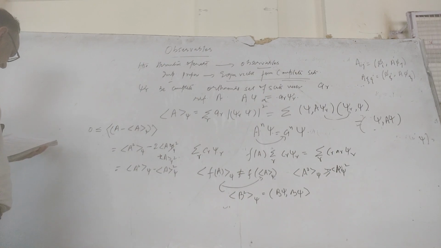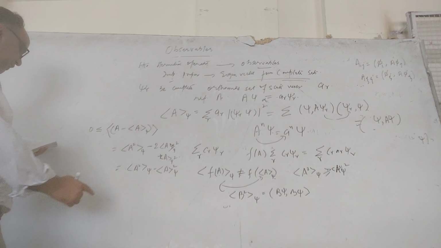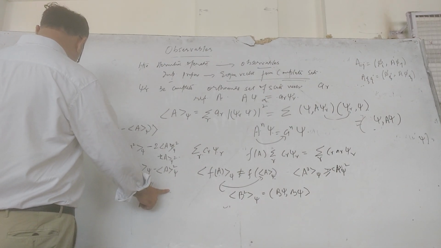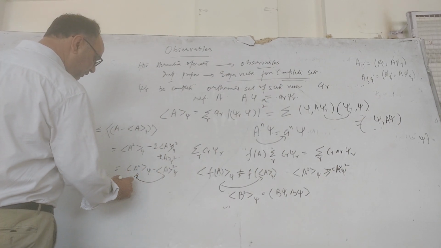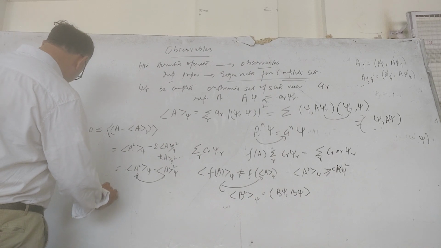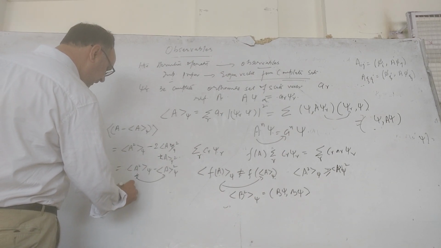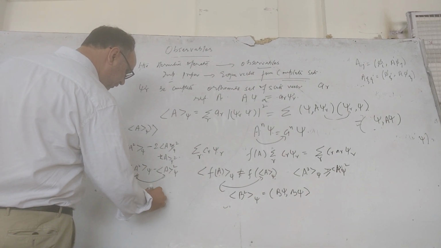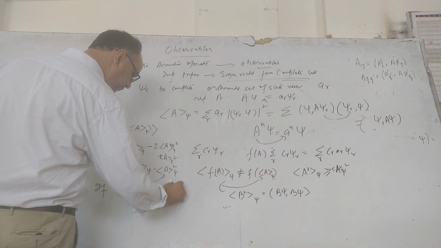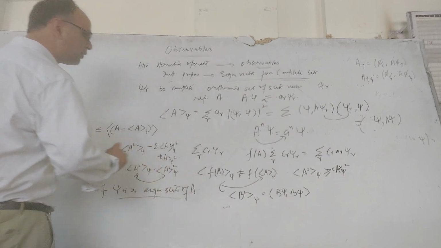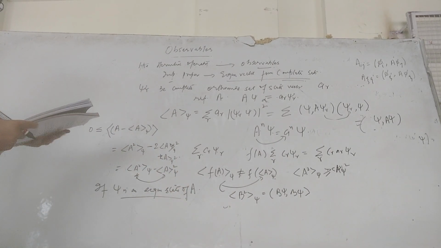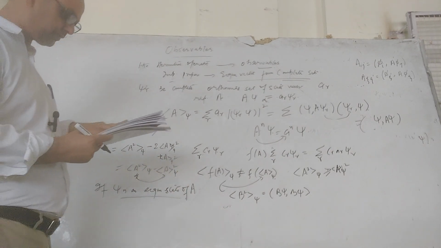As this shows, the square of the expectation of A is at most equivalent to the expectation of A squared, only if psi is an eigenstate of A. This is an important result. So we have reached this equation.